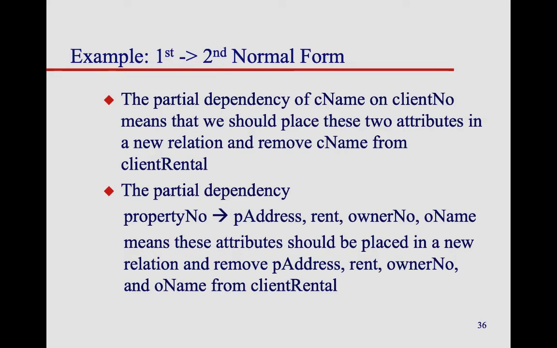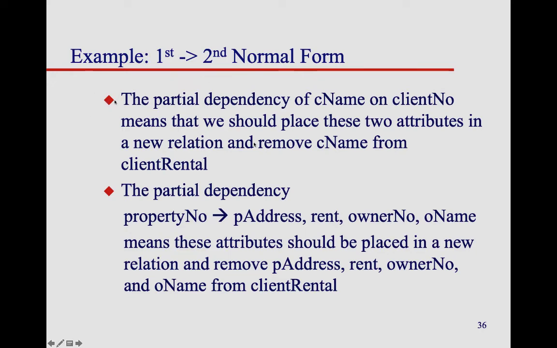Okay. So when I go from first to second normal form, what I'm going to do is remove what are called partial dependencies. A partial dependency in this case is a dependency where the left-hand side is a subset of the primary key. So when we go from first to second normal form, we're going to eliminate partial dependencies on the primary key.